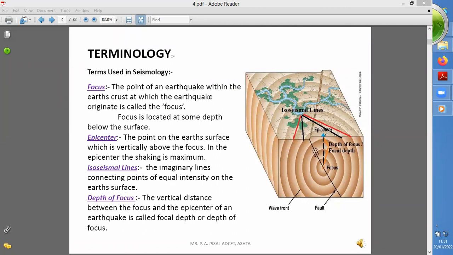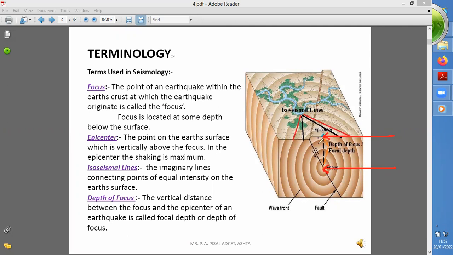So here you know that this is the epicenter point which is present on the earth surface, and this is the focus point which is present inside the earth, and both these points are exactly one above the other.